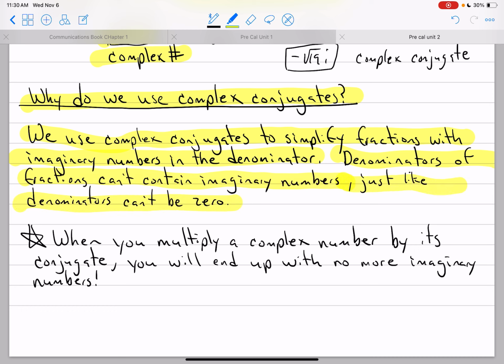That's one of the things you can't do when you're simplifying. So we have to figure out how to get rid of the imaginary numbers in the denominator. When you multiply a complex number by its conjugate, you'll end up with no more imaginary numbers. That's really the key.